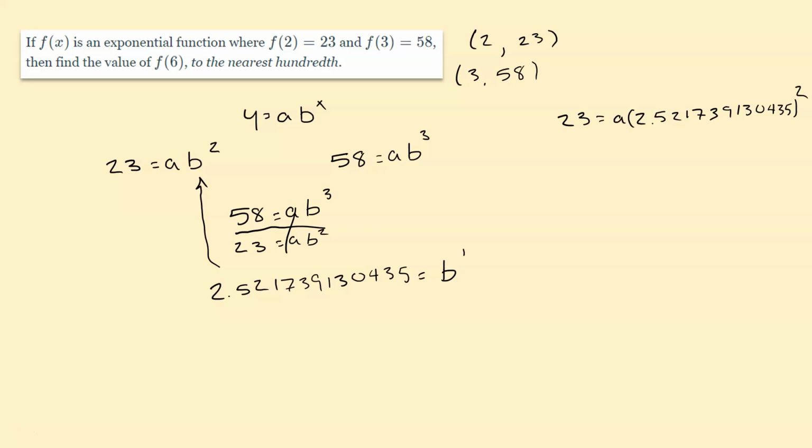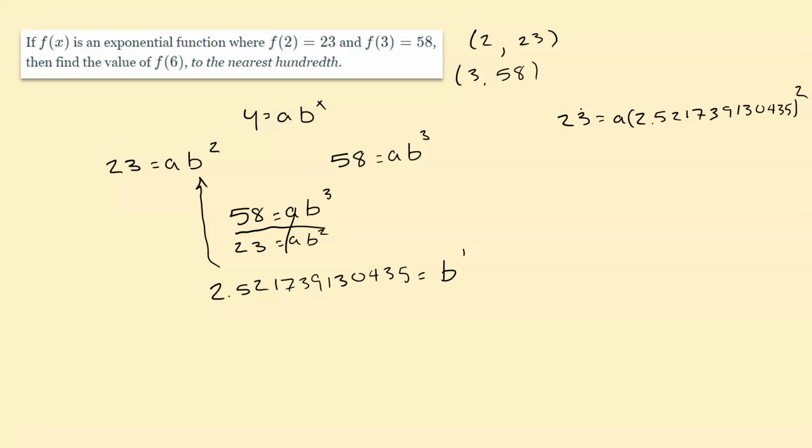You want to be as accurate as possible, so make sure you're not rounding this off anywhere. And then I got 6.359168242.